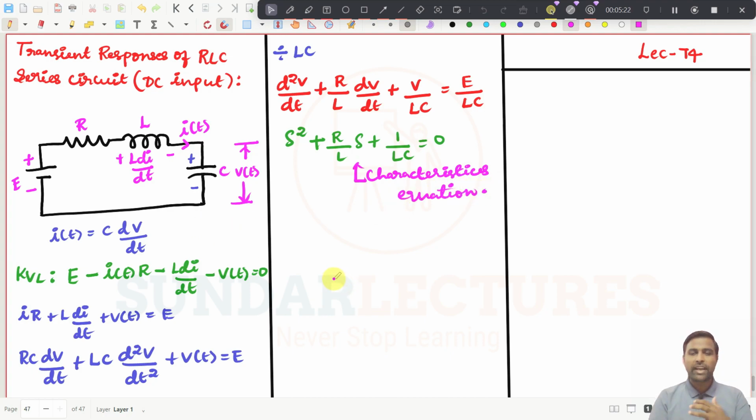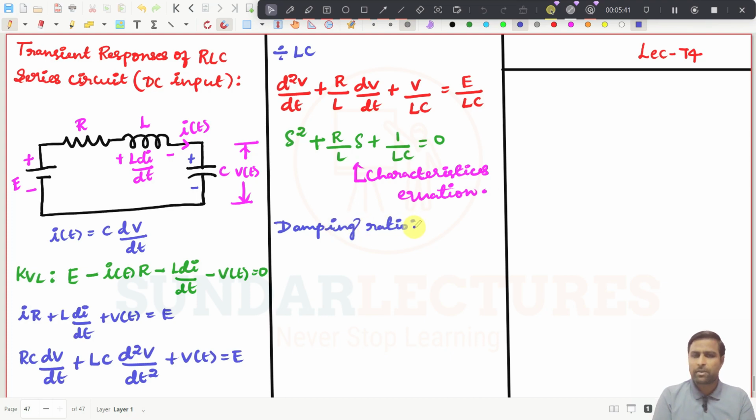And you see what I am going to do. I am going to take two new terminologies, and those two new terminologies will help you to understand the circuit very clearly. First, I am going to take the damping ratio.